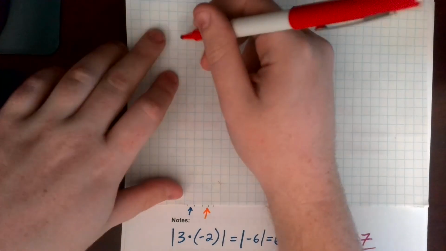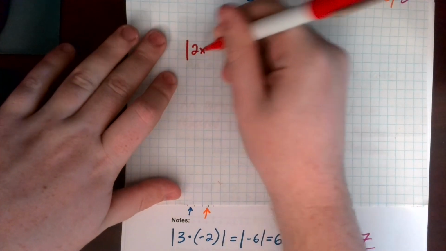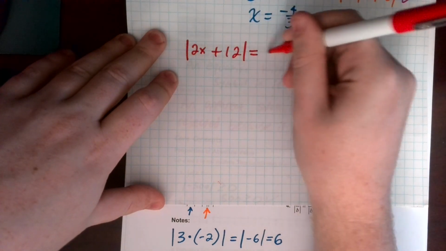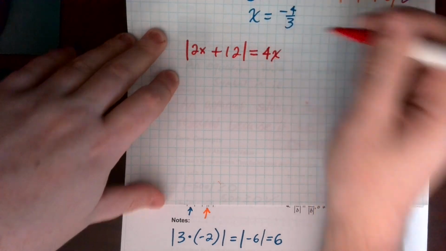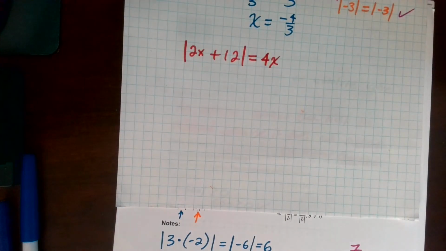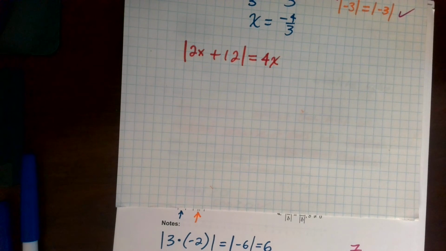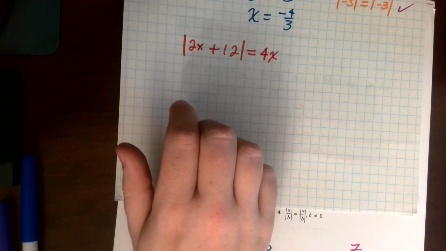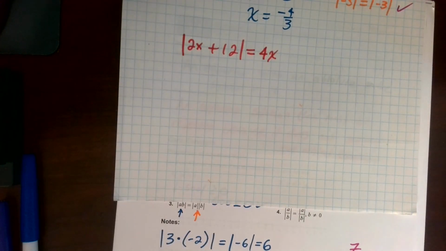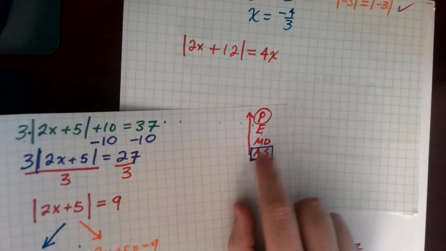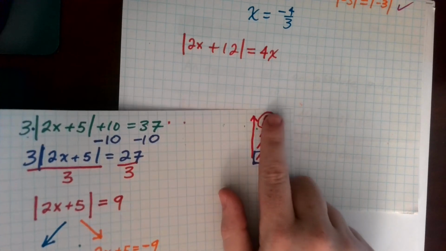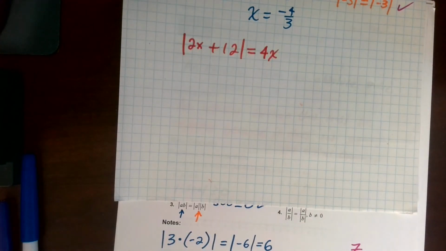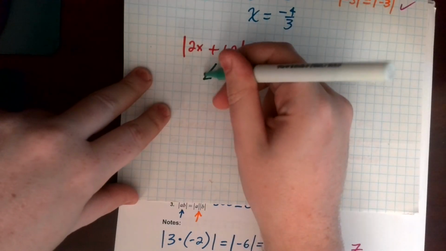Let's say we have the following equation. 2x plus 12, all in absolute value symbols, equals 4x. And we solve this one like normal. Is there anything other than our absolute value over here? Well, no. What that means is there's no addition or subtraction, multiplication, division, exponents. We skip right to the parentheses step. And to get rid of the absolute value parentheses, we would split it. So far, so normal.